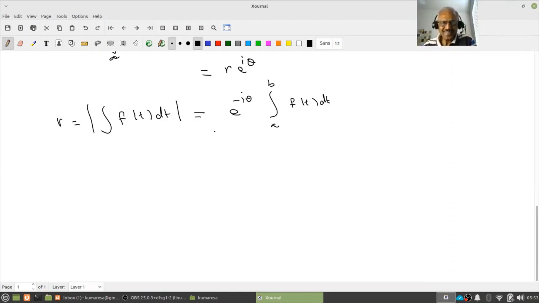Do you see why? Remember, e power i theta is a complex number and f going to the integral from a to b of f(t) dt is a complex linear map. So what do you think I can do? I can push e power minus i theta inside. Therefore this is nothing other than the integral from a to b of e power minus i theta f(t) dt. This is because of complex linearity of the integral.